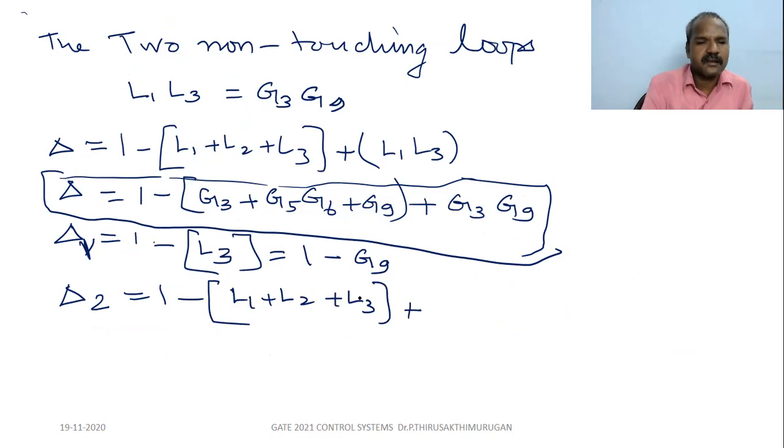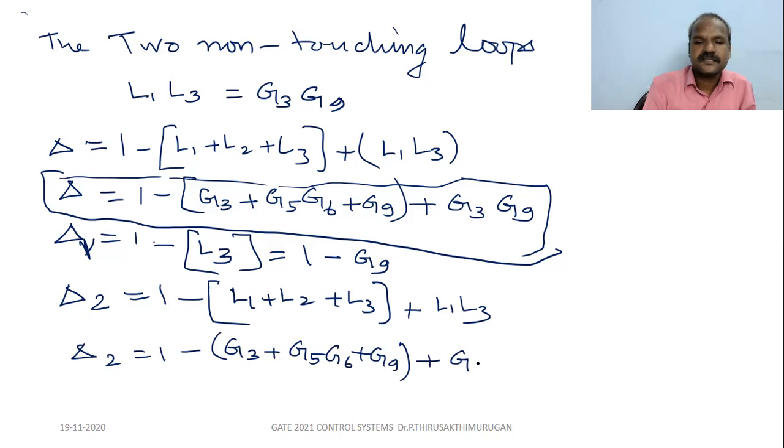How many non-touching loops are not touching the second forward path? That same L1 and L3, right? So delta 2 equals 1 minus G3, G5, G6 plus G9, plus G3, G9.